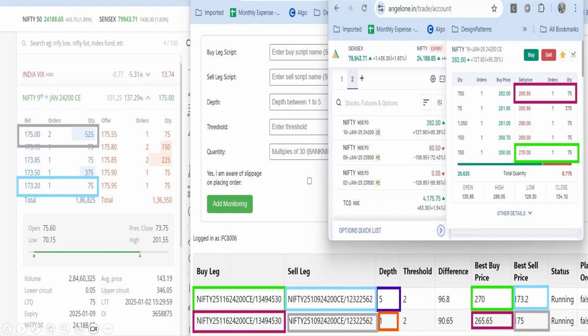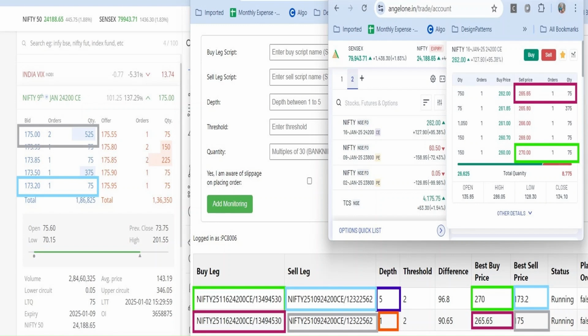The more depth it is, the less slippage you will get. The less depth it is, the higher the chances that there might be more slippage. So it is always better to go with a deeper depth, but at the same time, at a deeper depth, your order may not be executed as you are thinking.